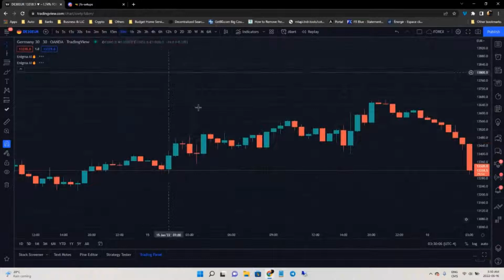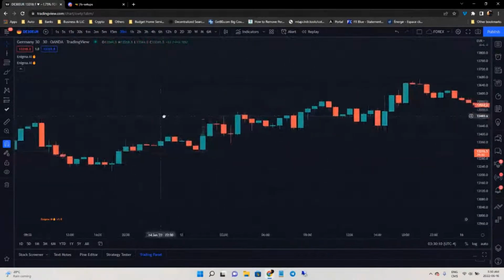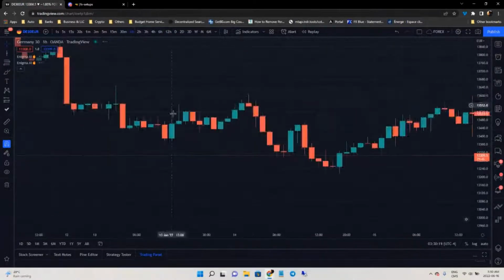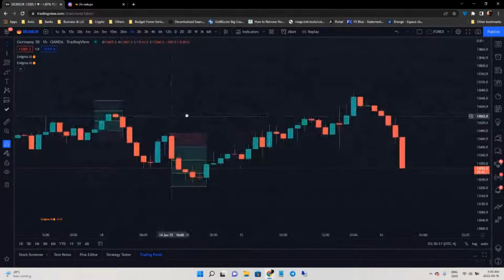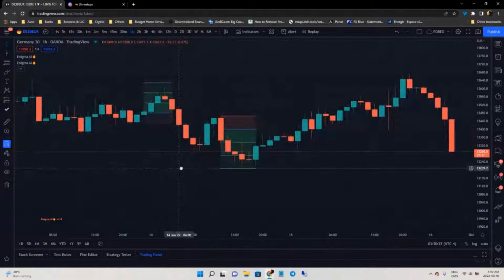You could even go on the 30-minute and you're going to have setups too. If you're not aware, you could go on the lower time frames of 30 minutes and 1 hour to look at setups. This trade, I took this one here, and I will explain why I took it.